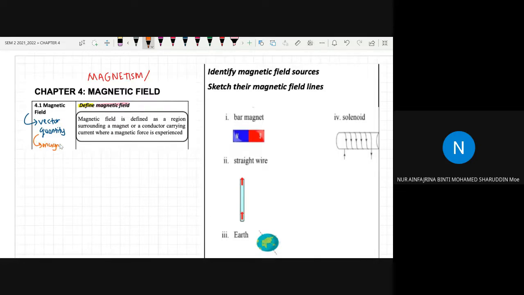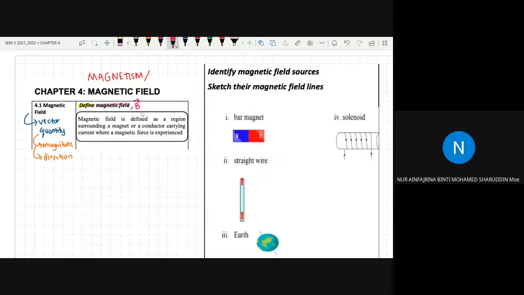Dia akan ada both magnitude and direction. Okay, so what is magnetic field? Alright, simbol untuk magnetic field adalah B. Okay, arrow atas ini melambangkan dia adalah vector quantity.